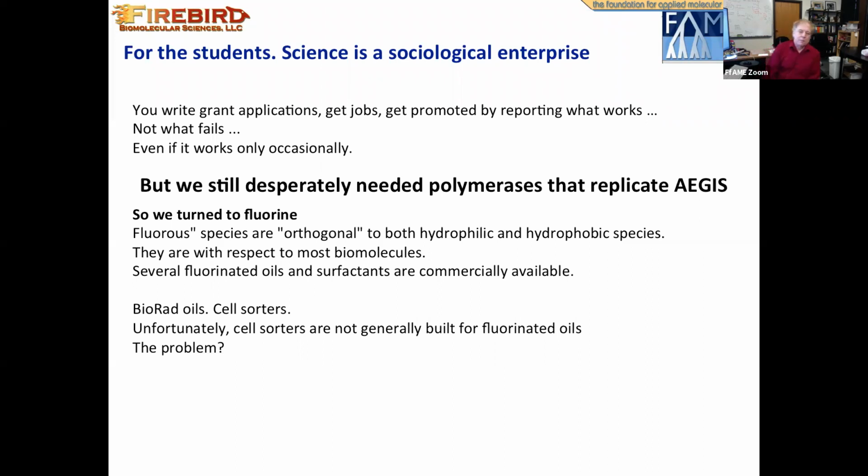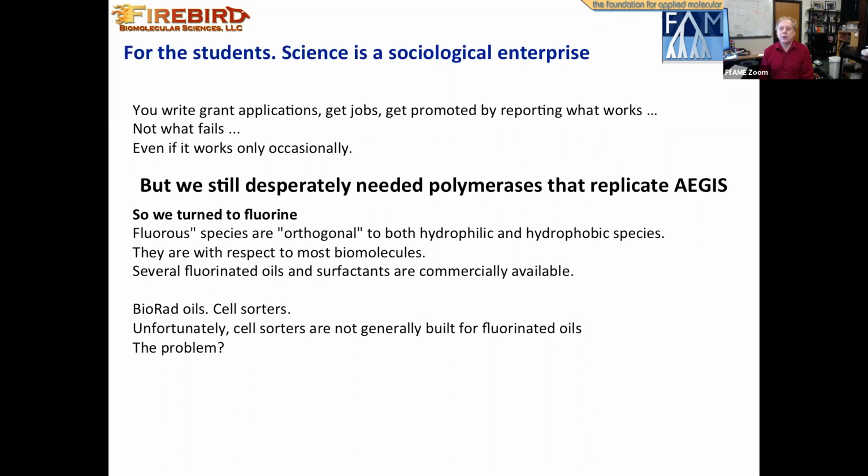And so Brian actually called our attention to a nice Japanese chap working at Dow Chemical in Kalamazoo, Michigan in the 1980s, who had reported some of these fluorinated oils. We got a hold of the guy who actually did it.